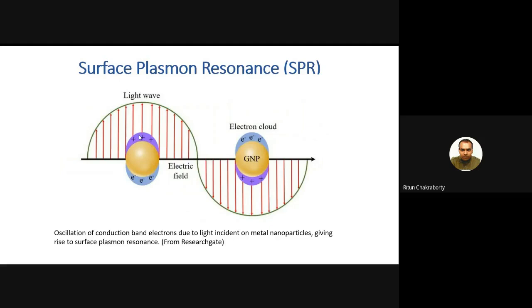So they are separated, right? These electrons are negatively charged, and these are positively charged. The ions in the metal are positively charged, but electrons are negatively charged.